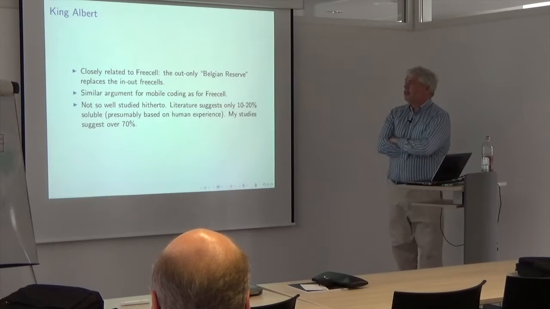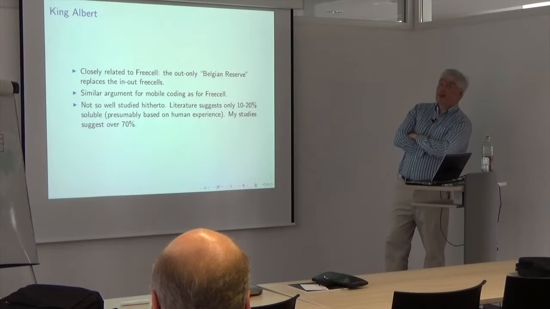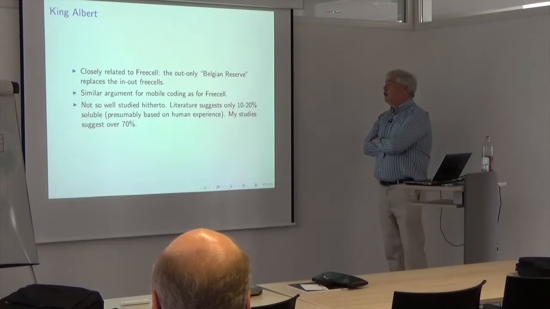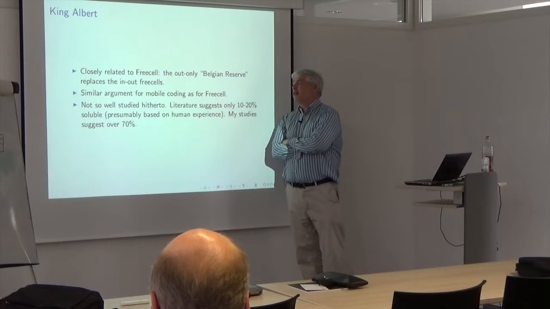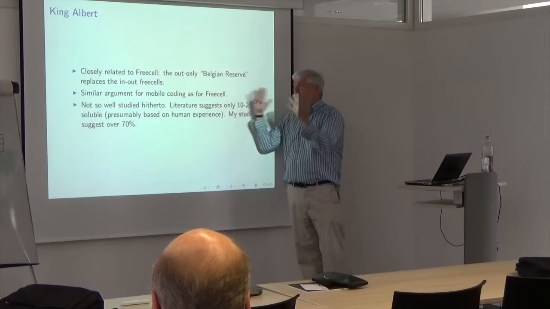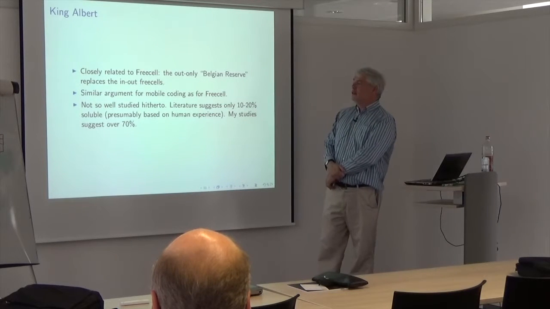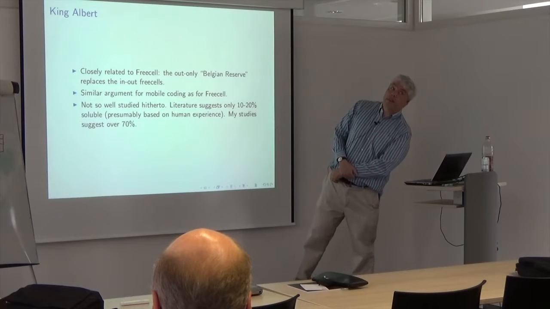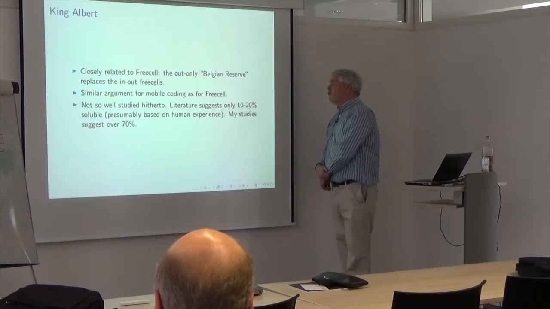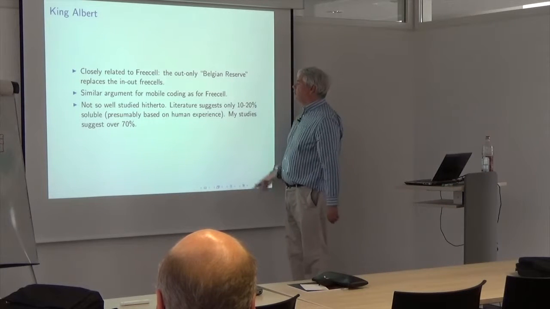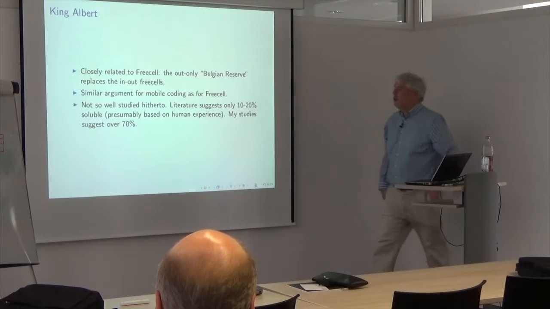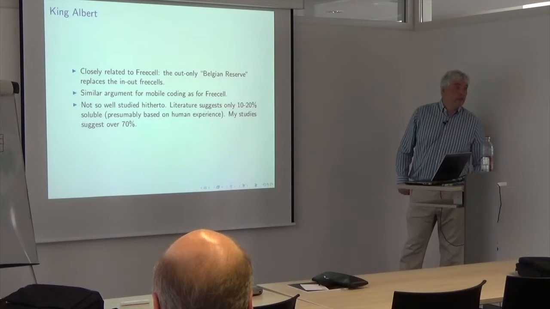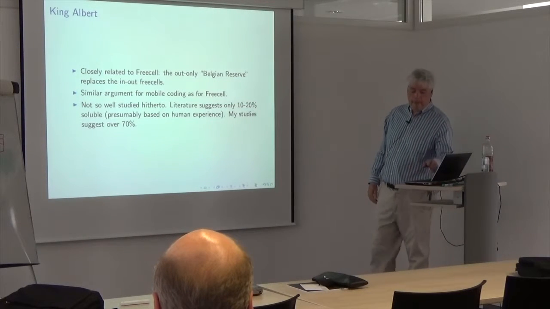King Albert is closely related to FreeCell, as I said before. The coding is very similar to that for FreeCell, and you've got exactly the same reason why you have to do it basically in mobile fashion. Whereas FreeCell was very well studied, evidently King Albert hasn't been, because the literature you find online suggests that only 10 to 20% of games are soluble, whereas in my models I found that somewhat over 70% were soluble.